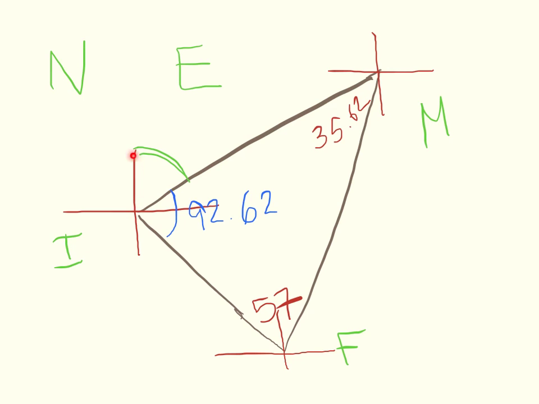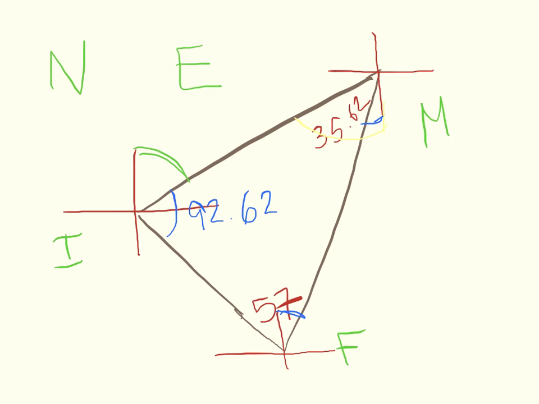So how can I figure out this one? Well, if you notice, this angle is alternate interior with this angle right here. Alternate interior angles are between two parallel lines, so we see the north and south line in both situations, and those angles are alternate interior. So we can figure out this angle right here by adding 35.62 to this small one. This small one is alternate interior with this angle right here.